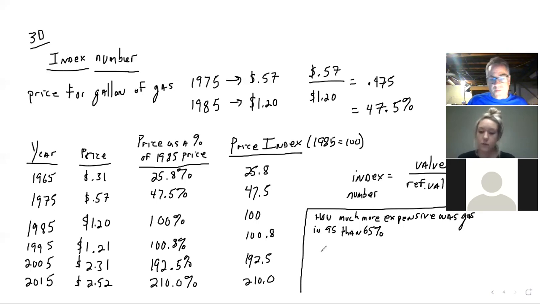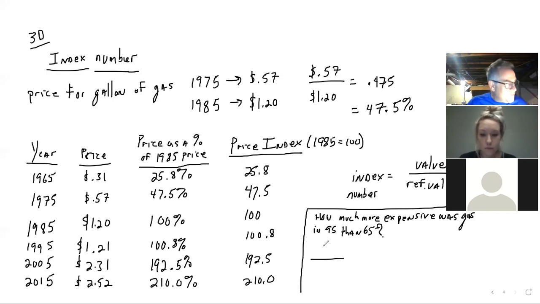So I'll find the index number for 65. So that was 25.8. The index number, whoops, I got that reversed, I apologize. The index number for 95, because I want to know how much more expensive it was in 95 than 65. And I don't know why I put this percentage sign there. It's supposed to be a question mark.